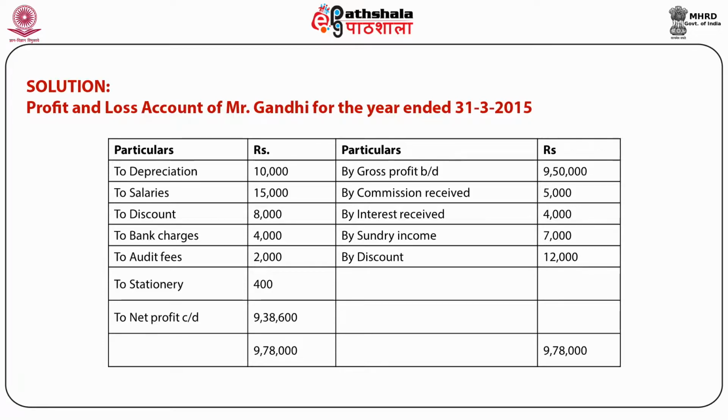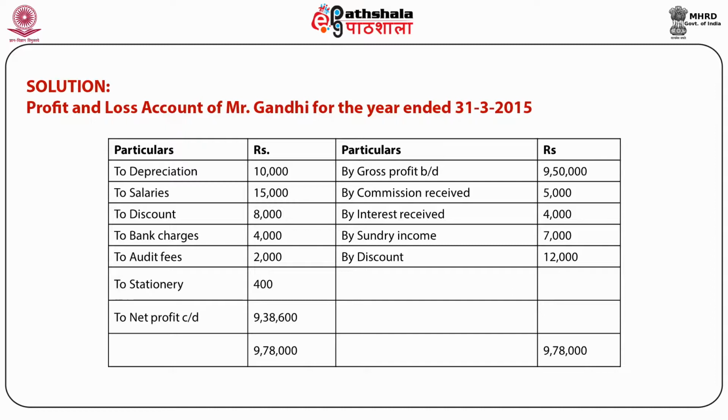If expenses side is more than income side, it shows that the firm is earning losses. But in this particular case, the firm is earning profits because its credit side is more than the debit side, its income side is more than the expenses side. And this net profit which the firm has earned is carried forward to capital account. It is added in capital account.